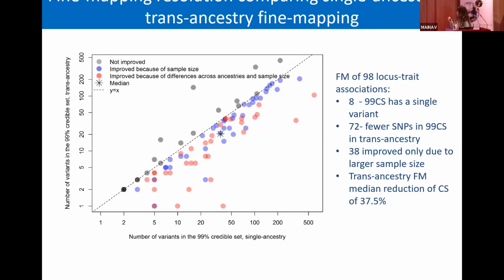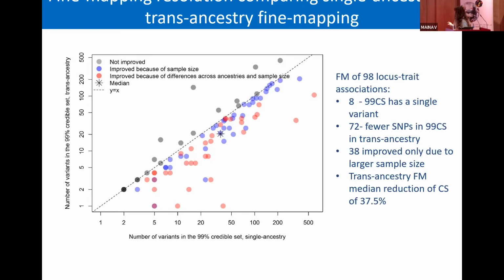But of course, again, the question is, does it improve because we're leveraging all the samples for fine mapping, or does it actually improve because of differences between the populations? To try and answer this question, we did the fine mapping in the trans-ancestry analysis and in the single ancestry using the exact same SNPs that went into the fine mapping, so that wasn't introducing any variability in the results.